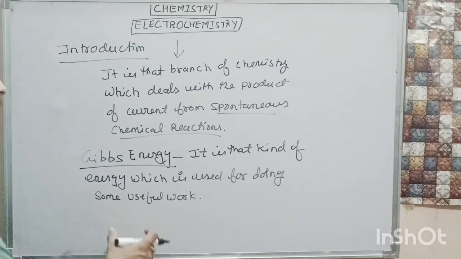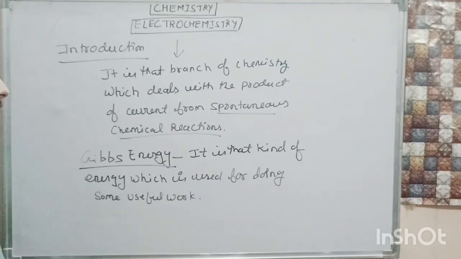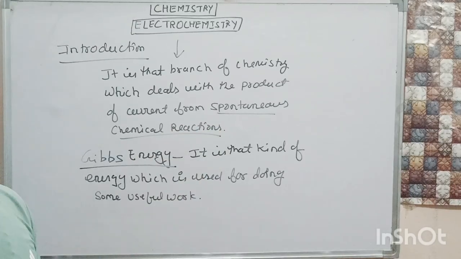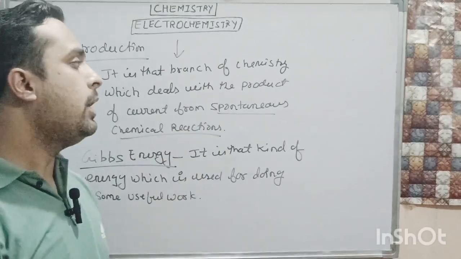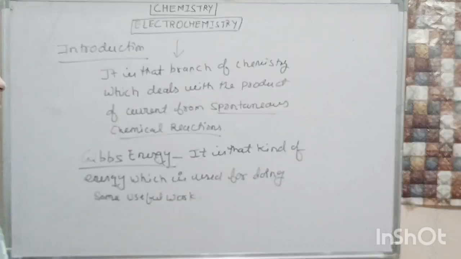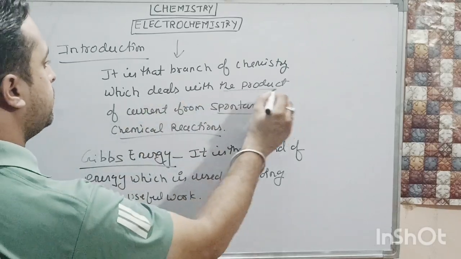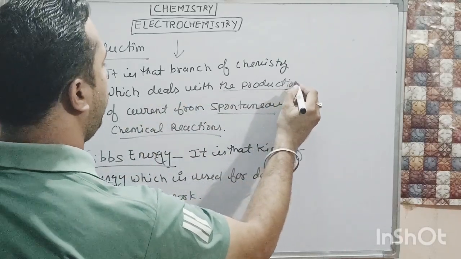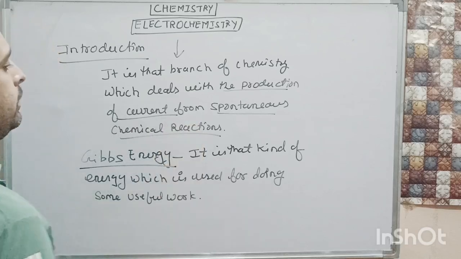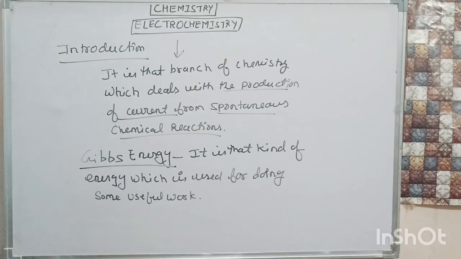And here, what we are doing is, if the reaction is spontaneous, it gives Gibbs energy, and that energy is doing some useful work, that is the production of current through spontaneous chemical reactions.